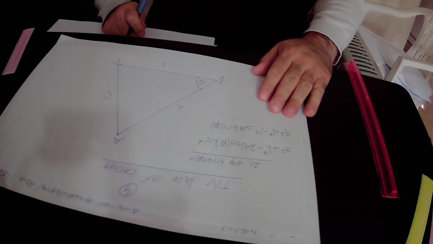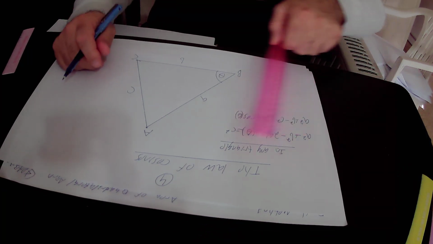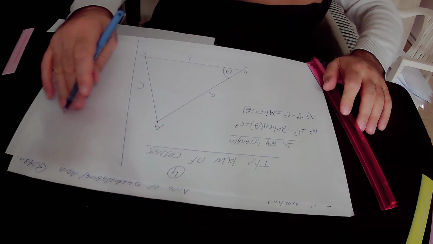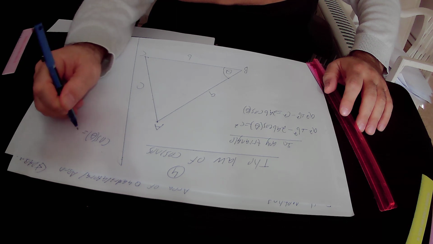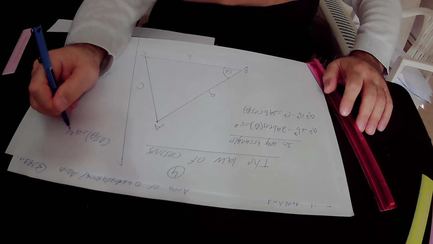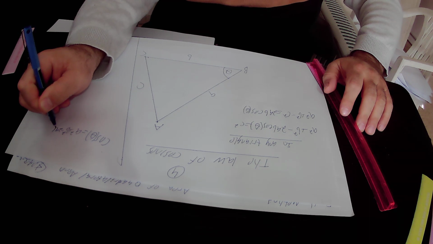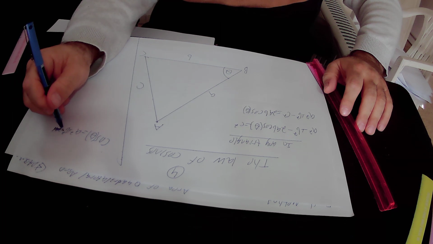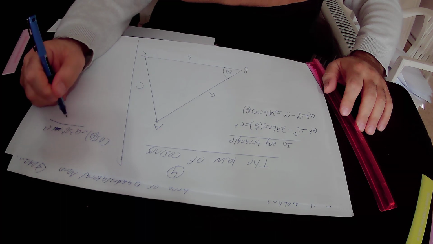Here we will divide this equation by 2 times AB, and we will get that cosine theta equals A squared plus B squared minus C squared over 2 times AB.